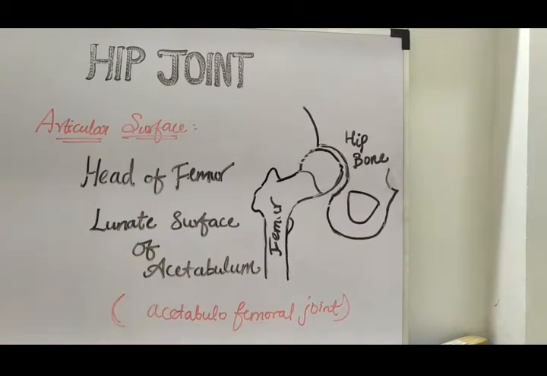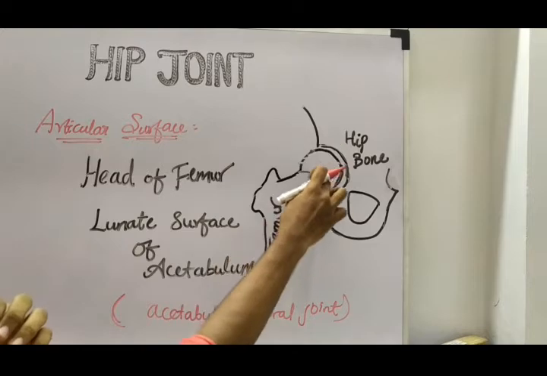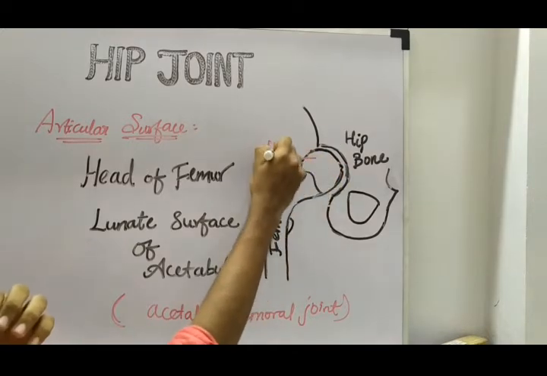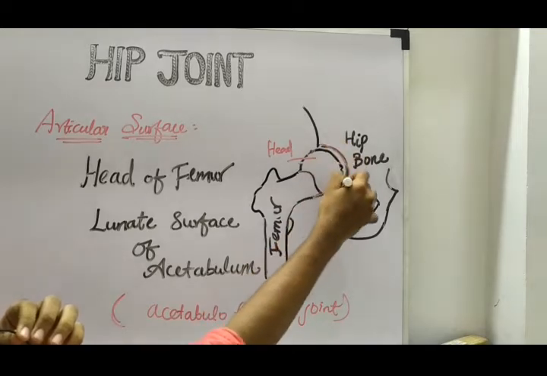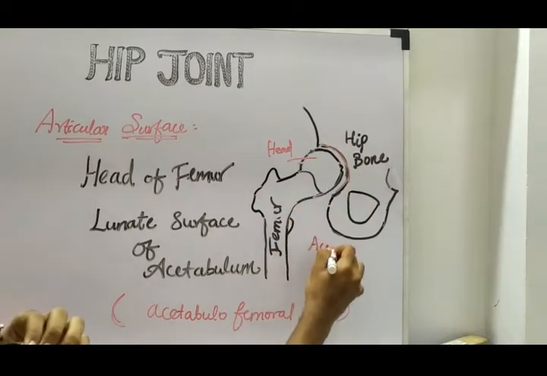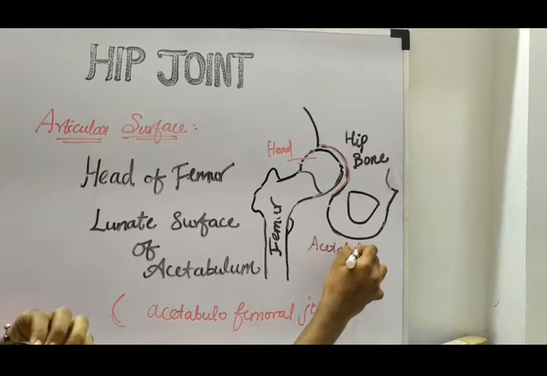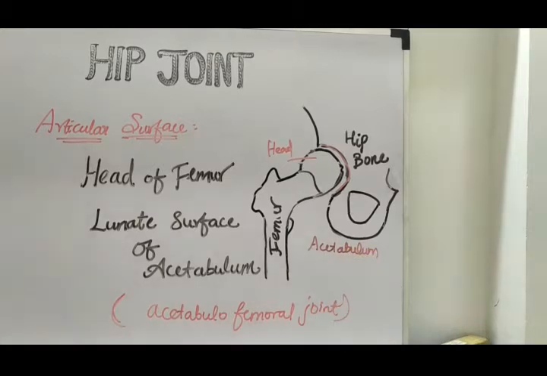Here you can see this rounded spherical portion is the head of the femur and this is the acetabulum of the pelvic bone.